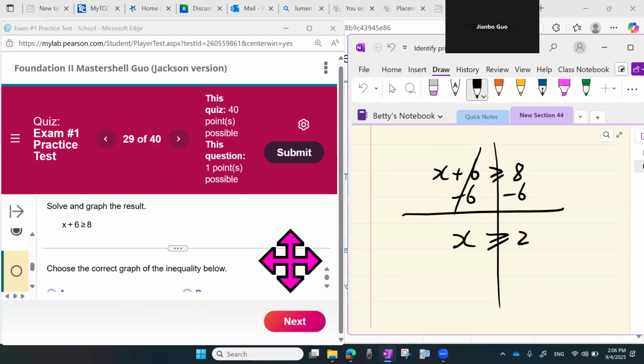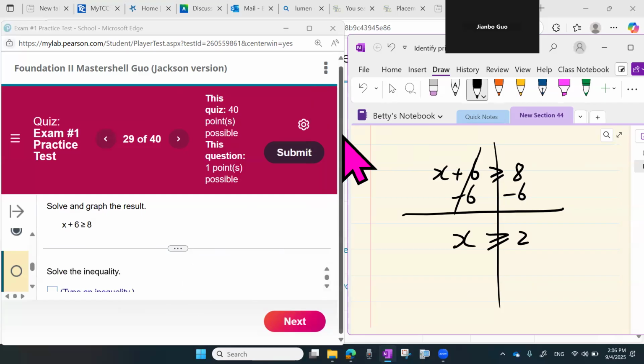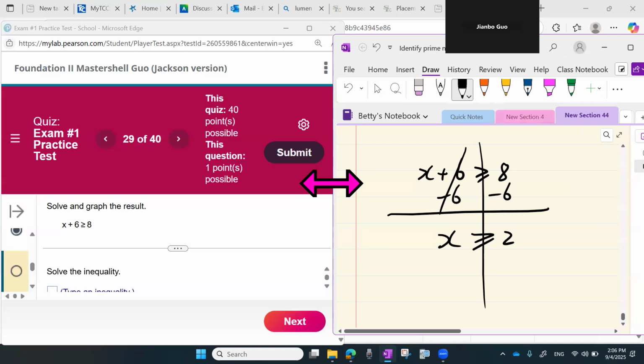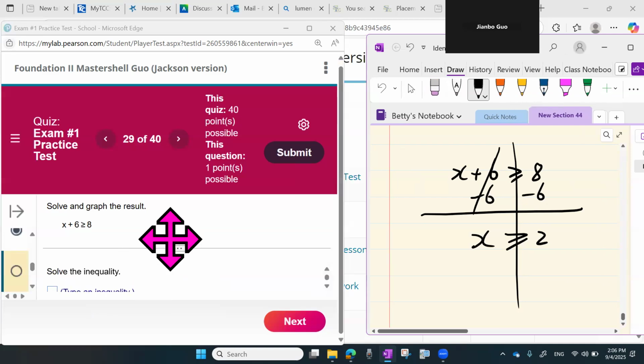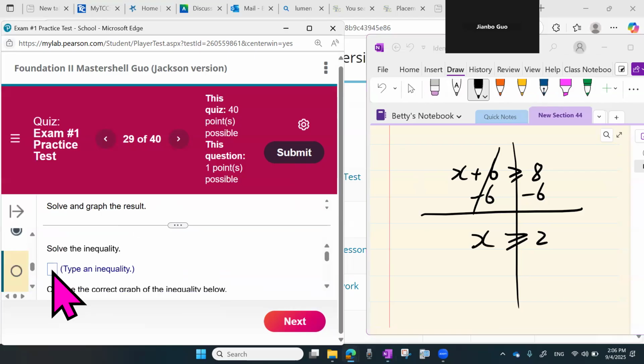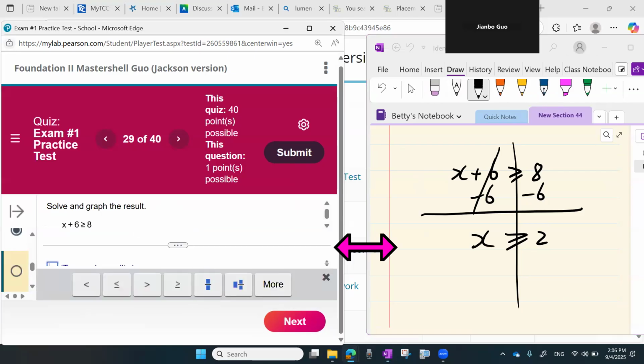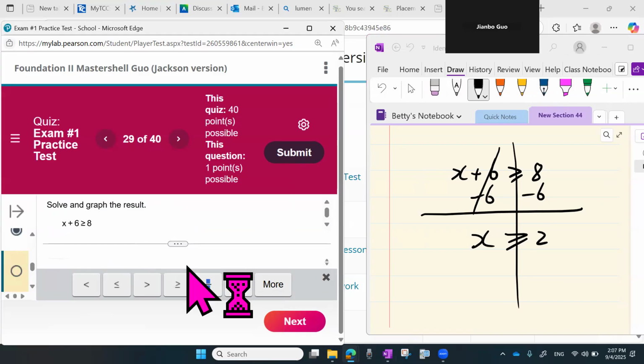Yes, x bigger than or equal to 2. I'm going to make it bigger, this one. Oops. Didn't mean to do that one. I'll do this here.